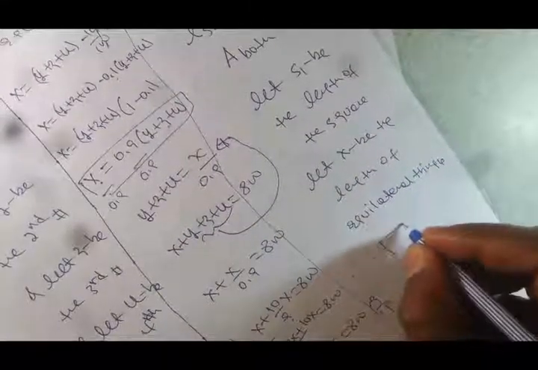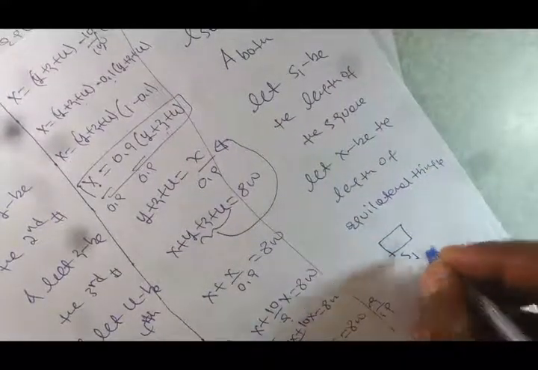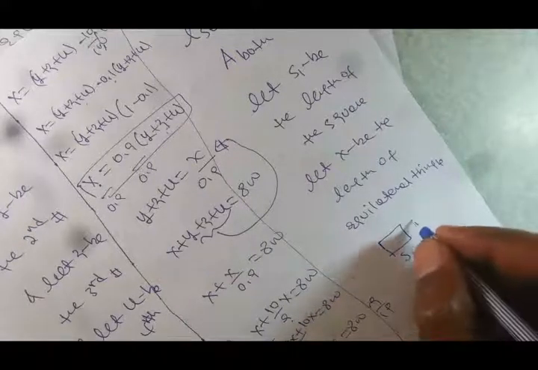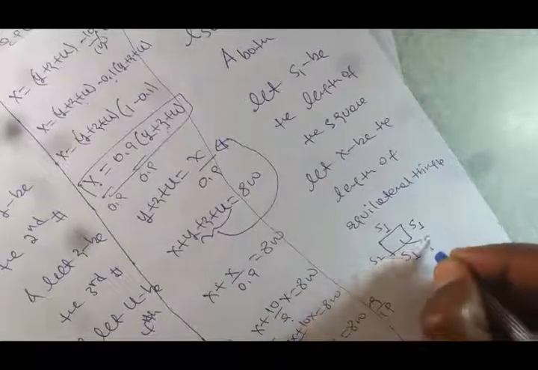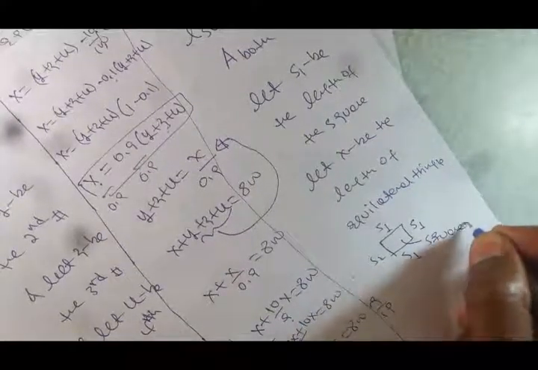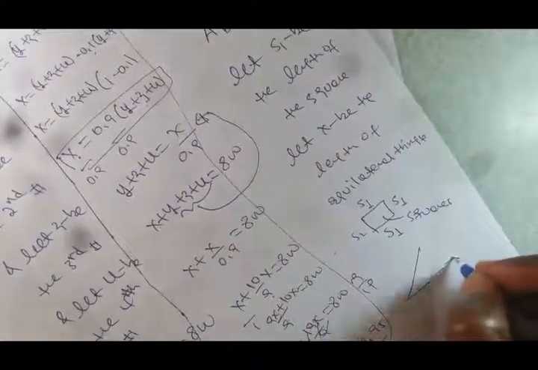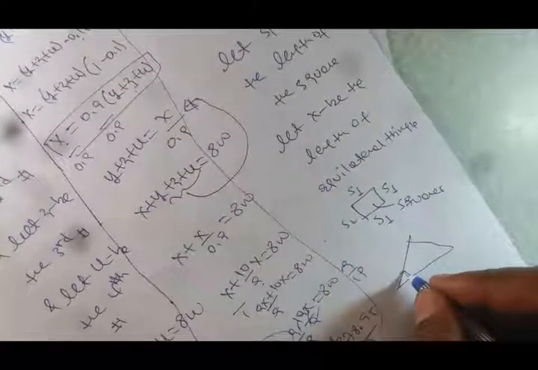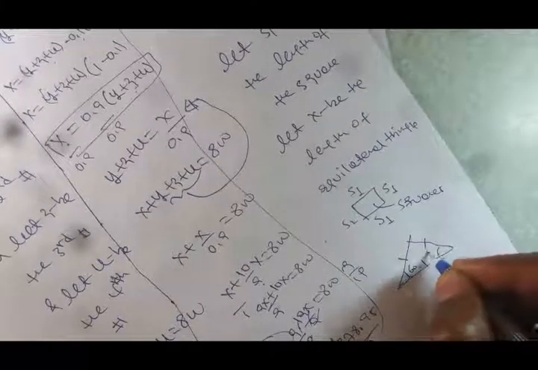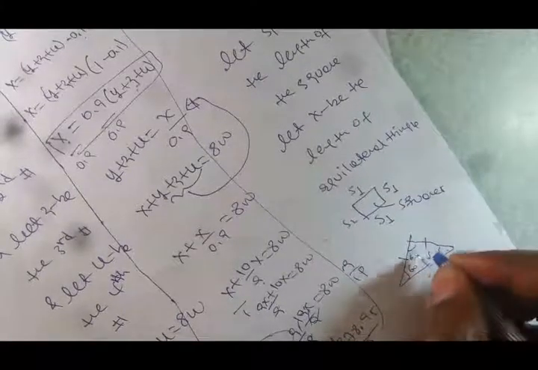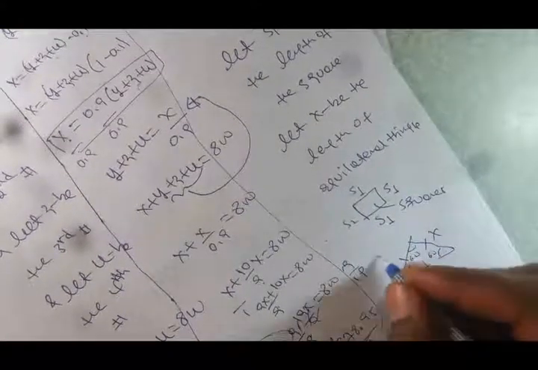When we draw the diagram, this is S1. If one side is S1, all the sides become S1, S1, S1. This is a square. An equilateral triangle is a triangle in which all angles are 60 degrees. If one side is x, all the others become x.